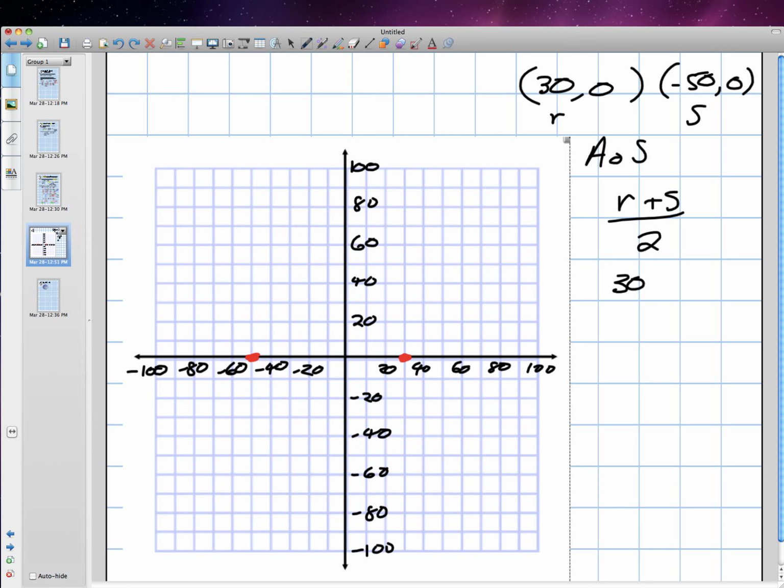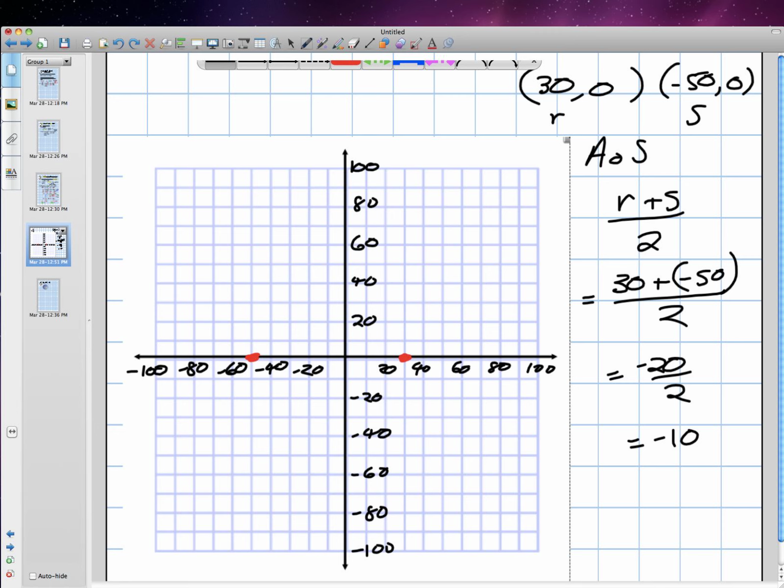So we take 30 plus negative 50 and divide it by 2 to get the axis of symmetry. We get negative 20 over 2, negative 10. So the axis of symmetry, the line that cuts through the middle of this parabola, is right here at negative 10. That is also the same x value for the vertex.